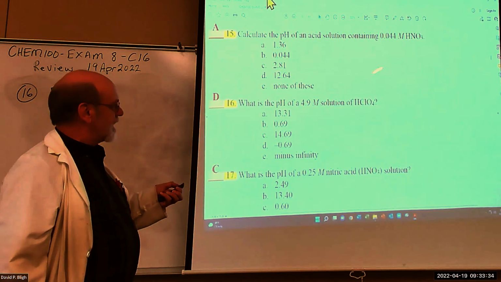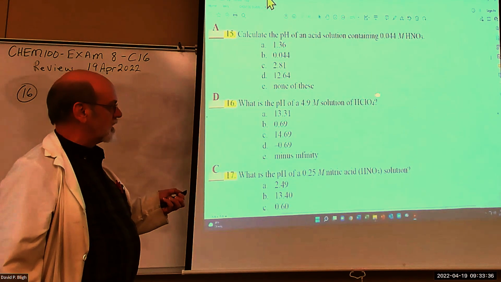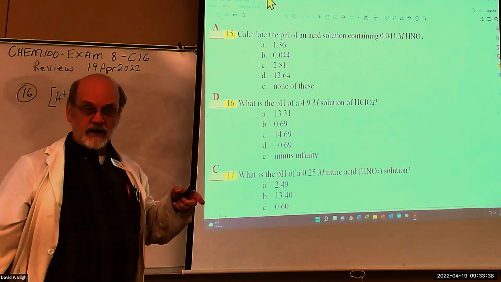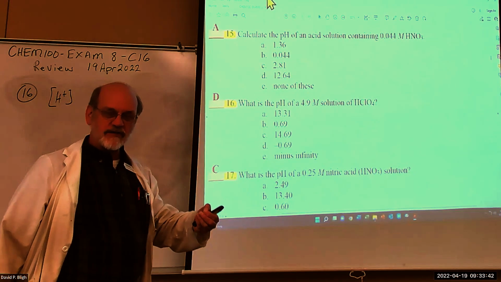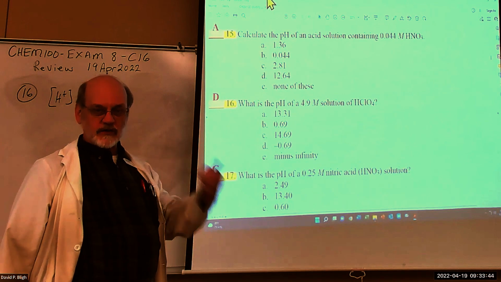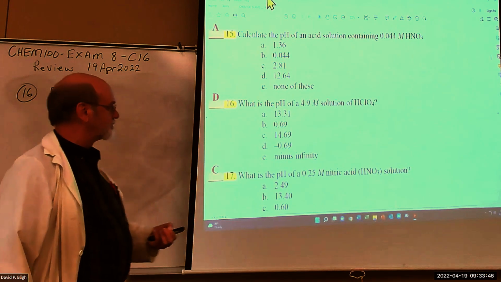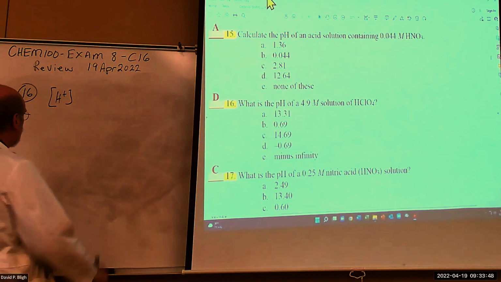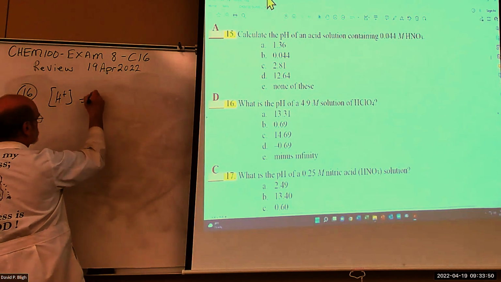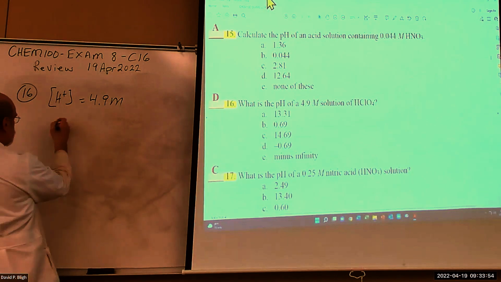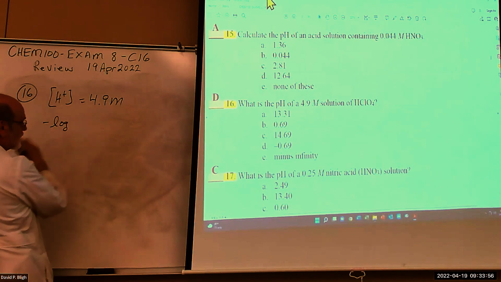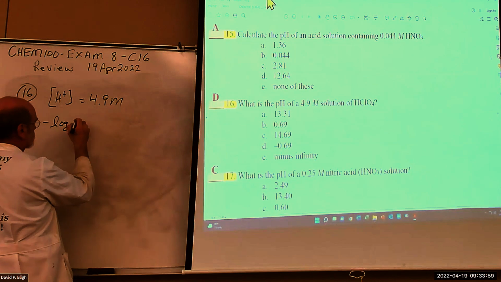So every molecule of HClO4, when you put it in water, is going to dissociate. So you will have the same concentration of hydrogen ions as you do the original molecule. So 4.9 molar is the same for hydrogen ion concentration. We just need to do the calculation, see what the pH is.